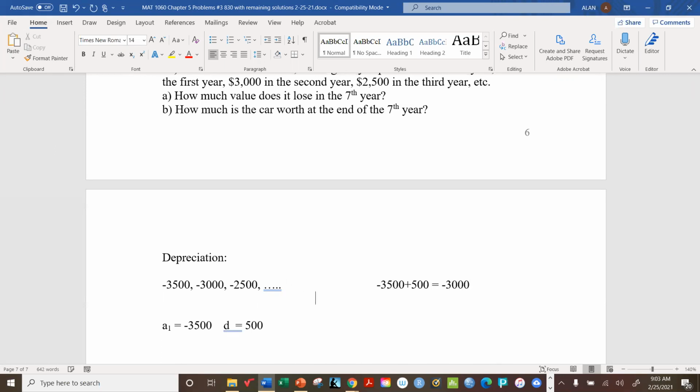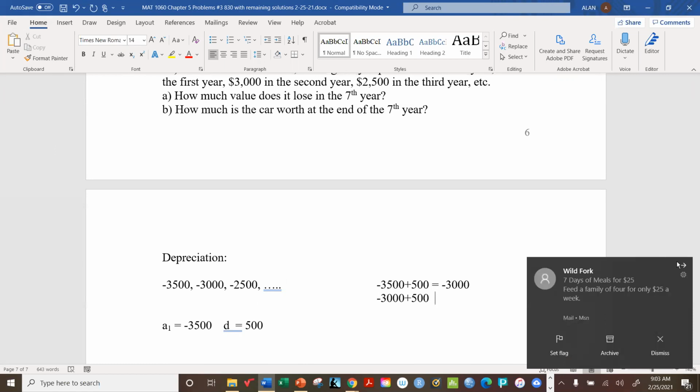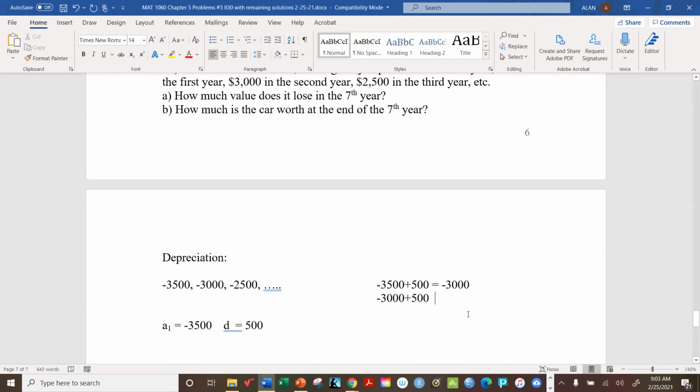And then if you take the negative 3,000 and add 500, it becomes negative 2,500. So if you treat A1 as a negative number, then the common difference is positive.